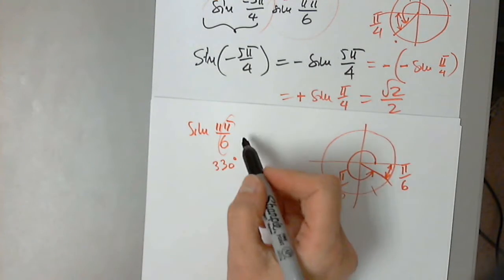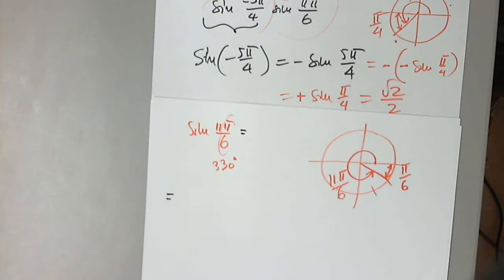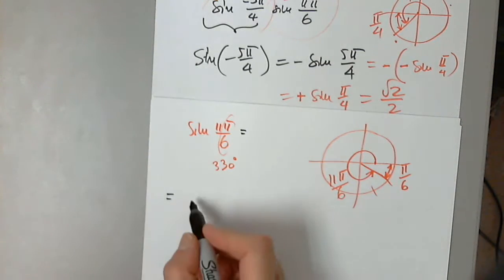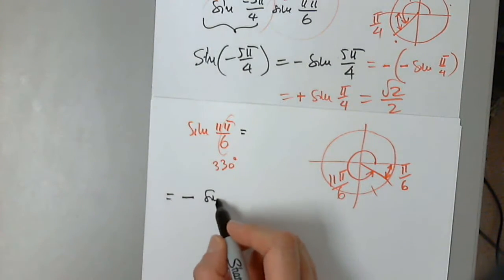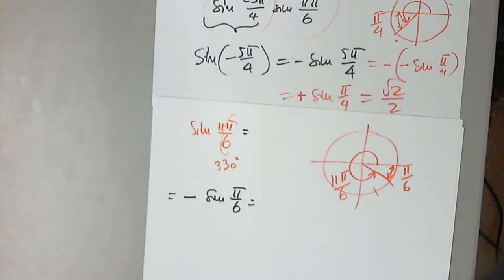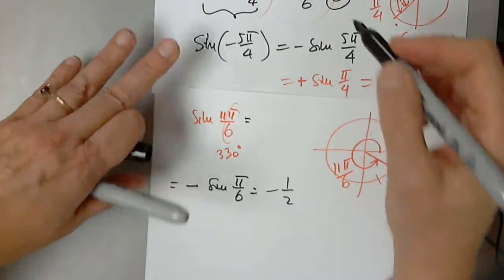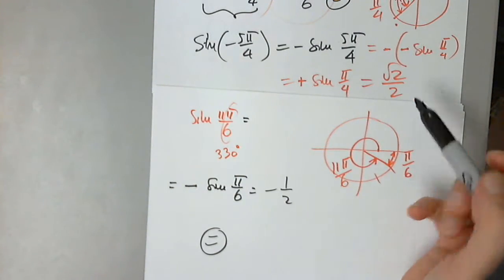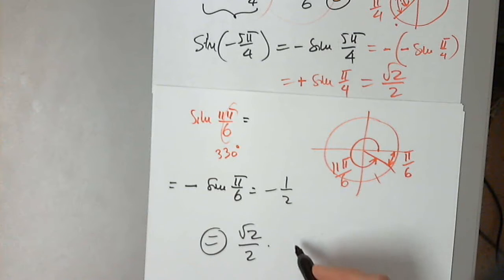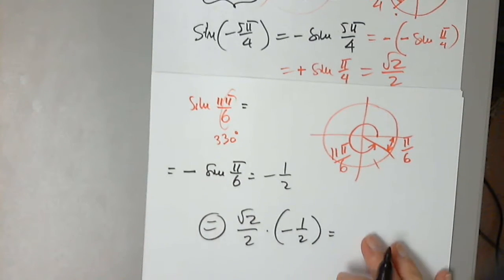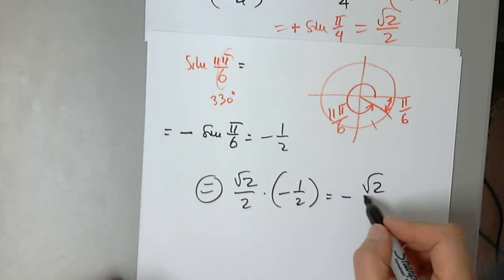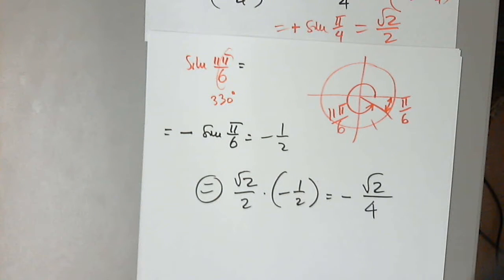And then since it lands or has a terminal side in the fourth quadrant, the answer must be negative. So negative sine pi over 6. I know pi over 6 is the smallest angle. It's 1/2 with minus in front, negative 1/2. So finally, I can put everything together now. And I have the square root of 2 over 2 multiplied by negative 1/2, which is negative the square root of 2 over 4.